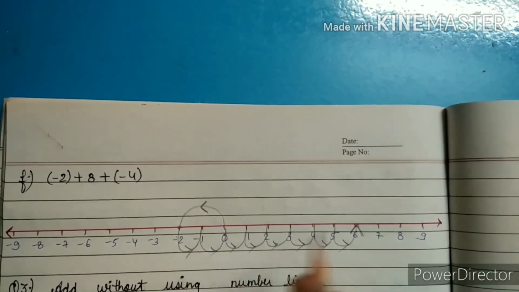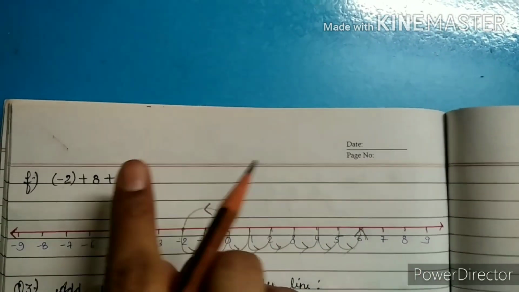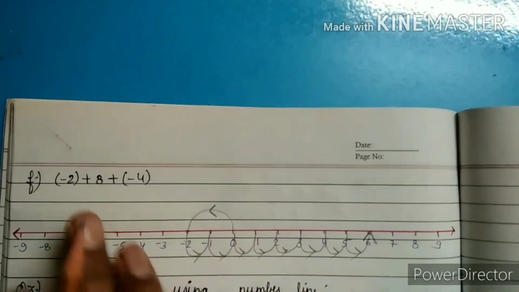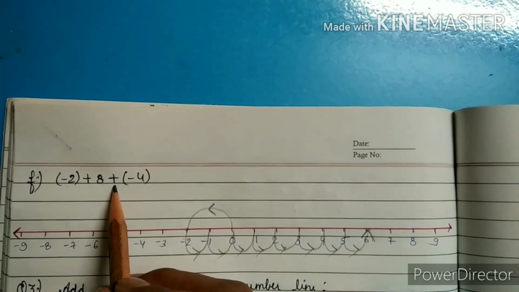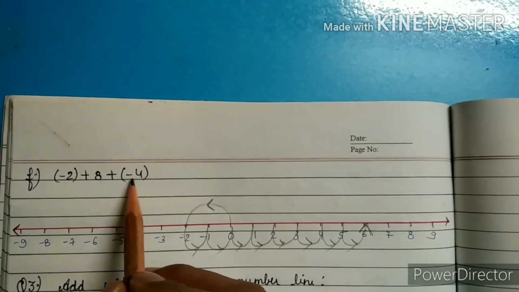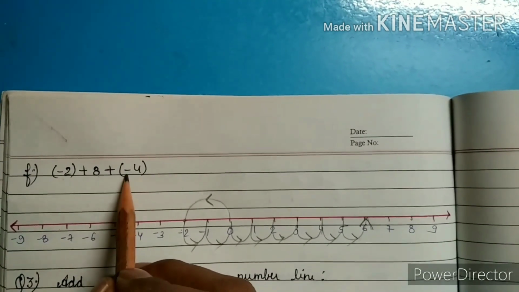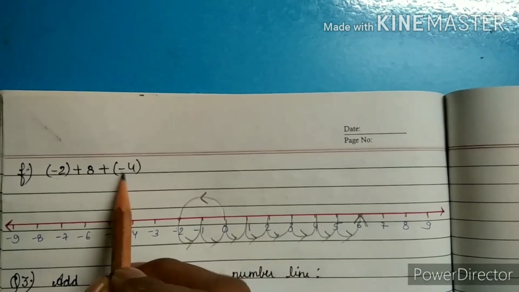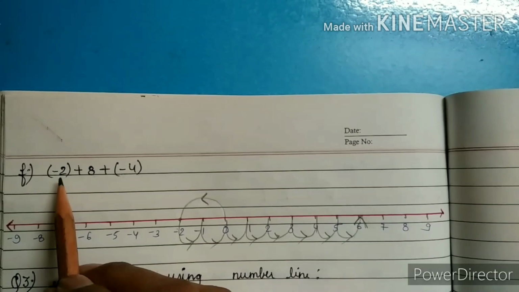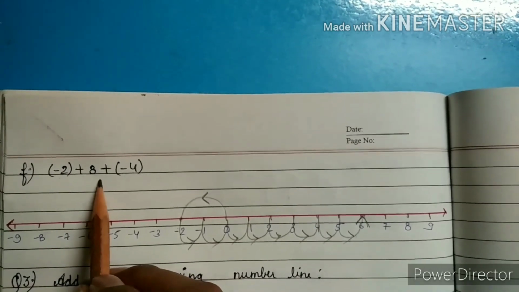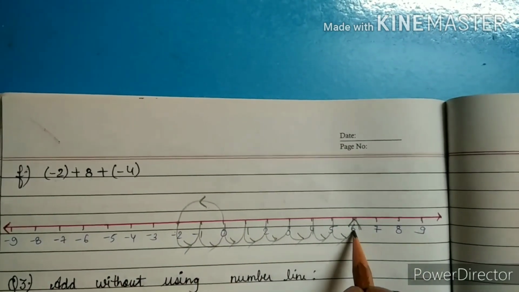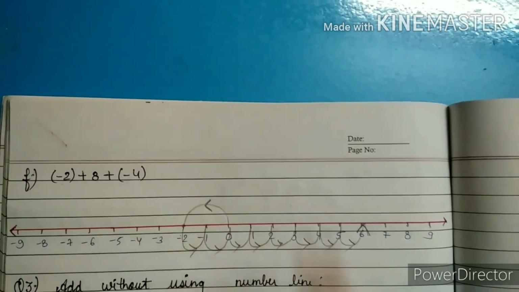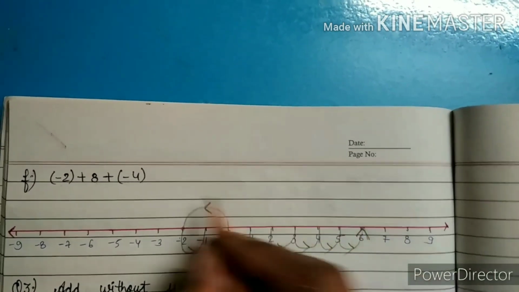Now as you can see, if we had only negative 2 and 8, our answer is 6. But we also have plus inside the bracket negative 4. Inside the bracket we have a negative symbol. That's why we have to do negative 4 also on the answer of the first 2. The answer of the first 2 is 6. The negative symbol is here. It means we have to go on the left side. How many steps? 4 steps.